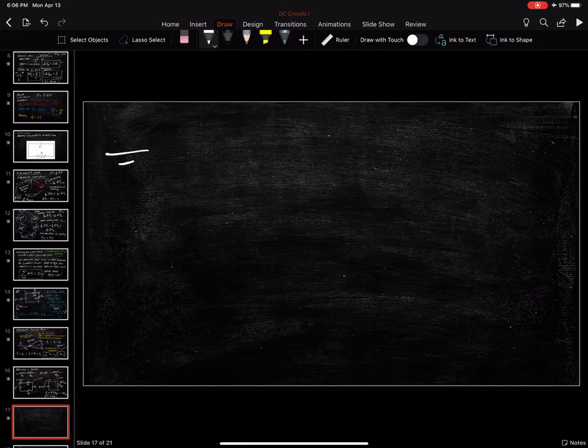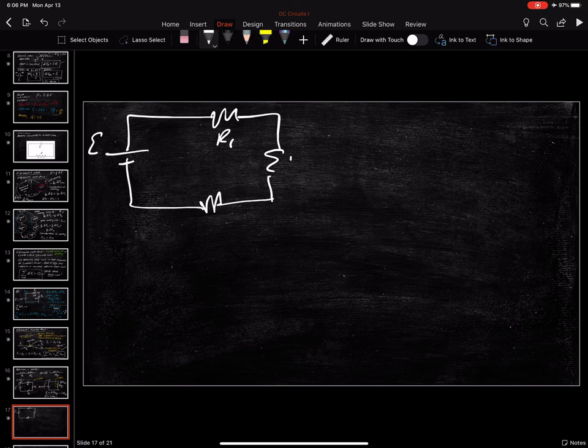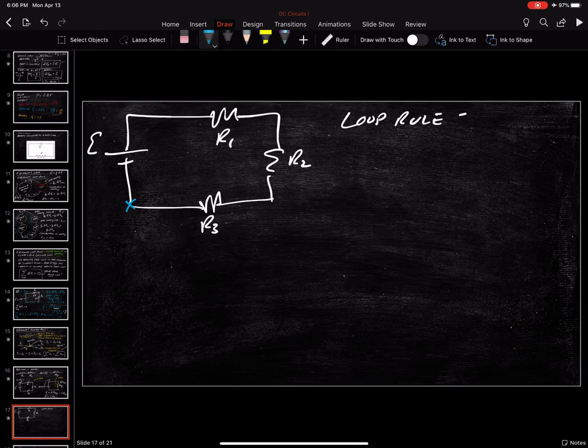In the first case, here's my battery. R1, R2, R3. From the loop rule, what do I have? Again, I pick a spot here, and that looks like a good spot. I move this way. The sum of the changes in the voltages through the loop should be equal to 0. And so the first thing that I get going around, again, I know that the current is going to come out from the positive terminal to the negative terminal.